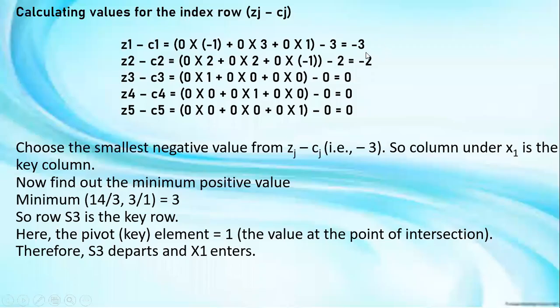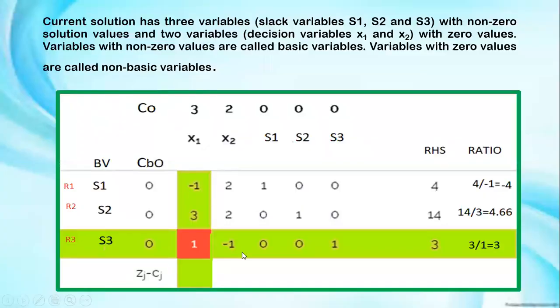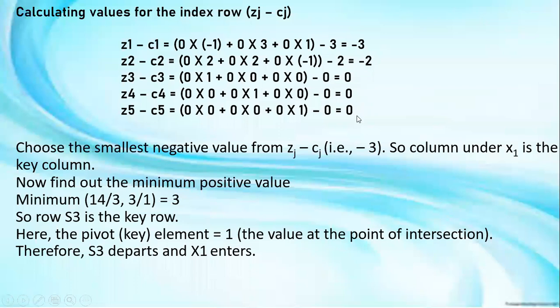So it is -3. Like that you carry out for all the columns, C1, C2, C3, C4 and C5. 0 into 2 plus 0 into 2 plus 0 into -1, minus 2. Again, 0 into 1 plus 0 into 0 plus 0 into 0, minus 0. Like that you carry out for all of them and get the values of Zj minus Cj, which is equal to -3, -2, 0, 0, 0.